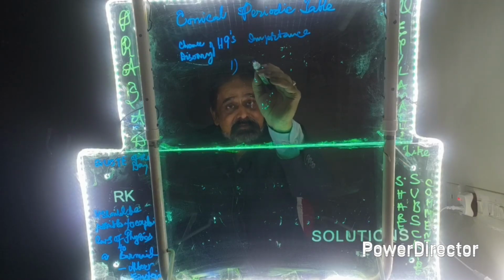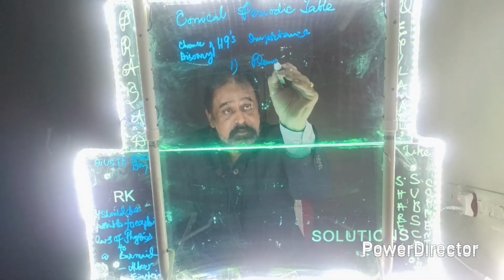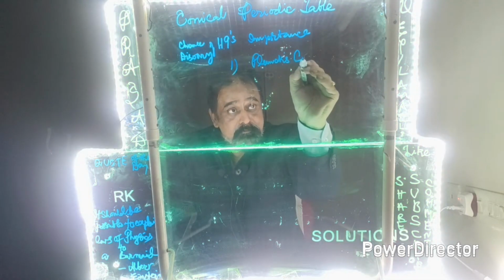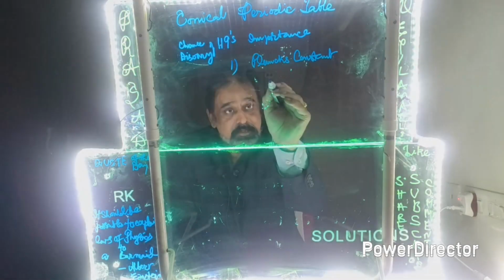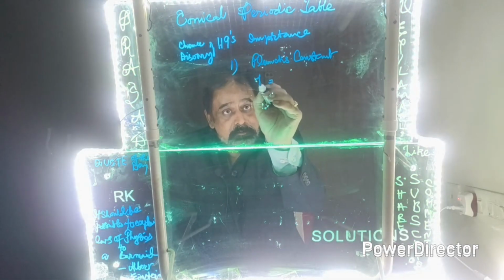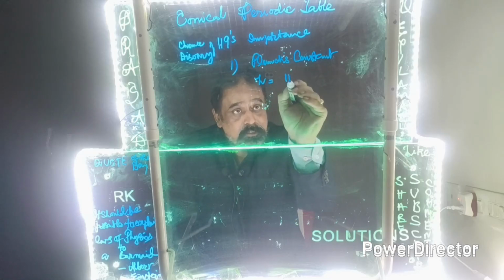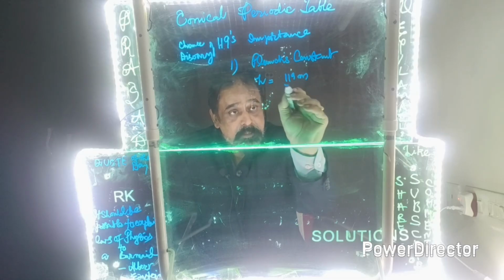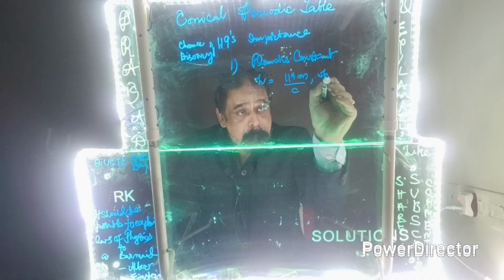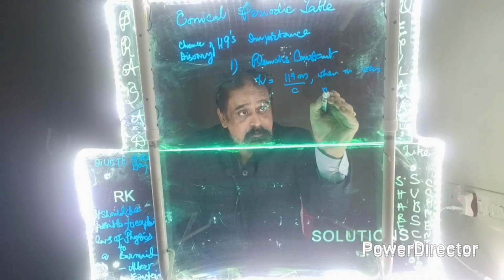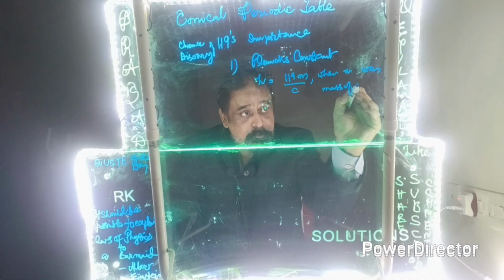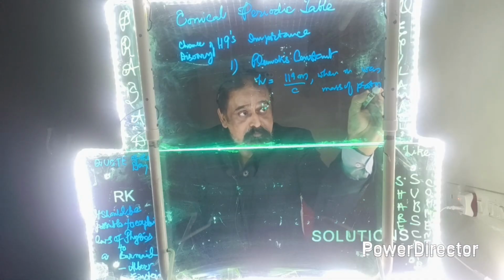That was basically Planck's constant. I started with Planck's constant, which worked out to be h equals 119 m by c, where m was the mass of a proton, right?